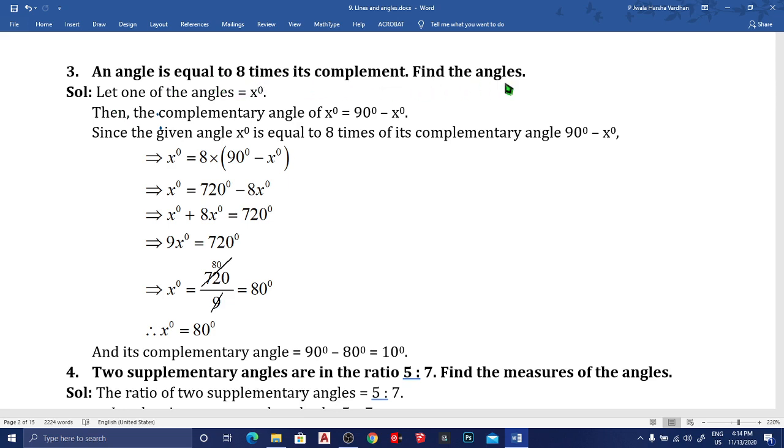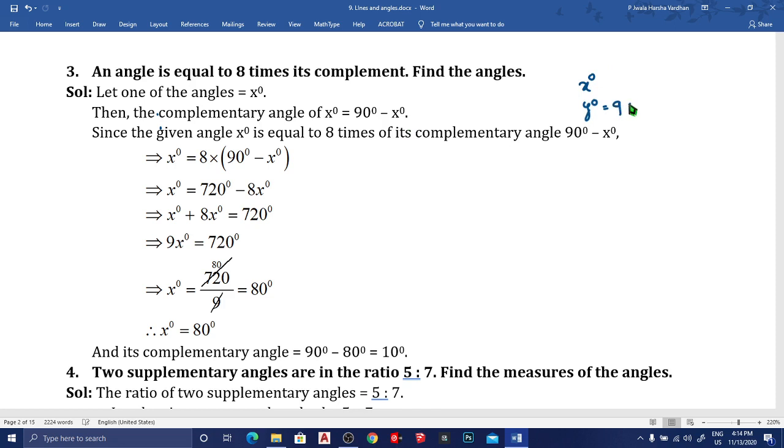Find the angles. Okay. You know that if the sum of two angles is 90 degrees, those two angles are called complementary angles. It is given that one of the angles is equal to 8 times its complementary angle. If one of the angles is x degrees, what will be the second angle y degrees, which is complementary to it?